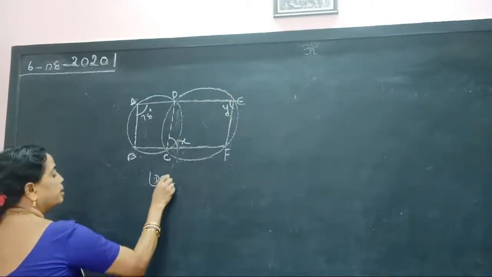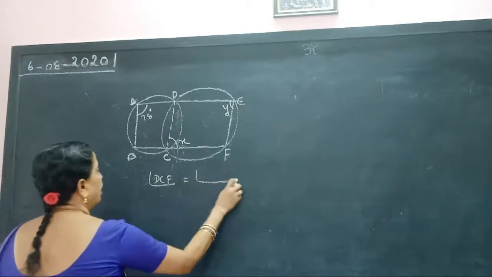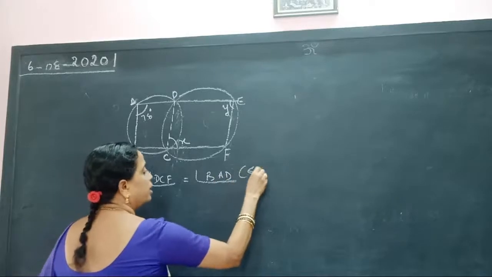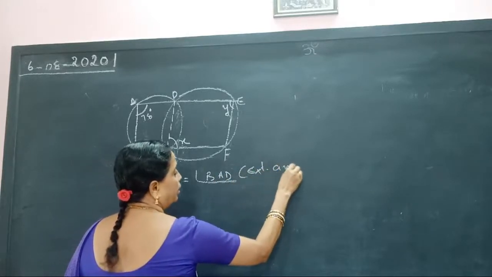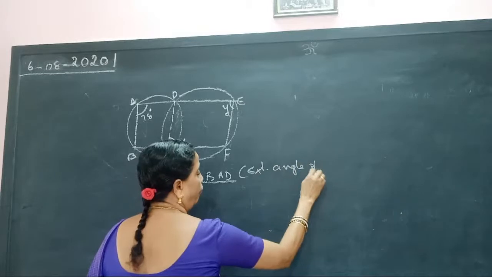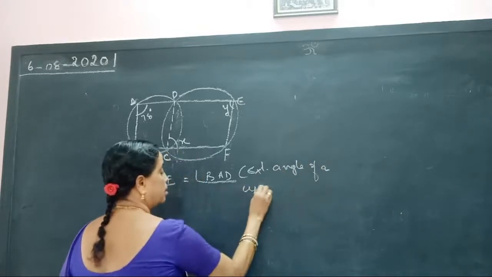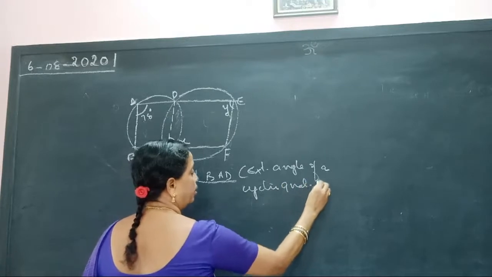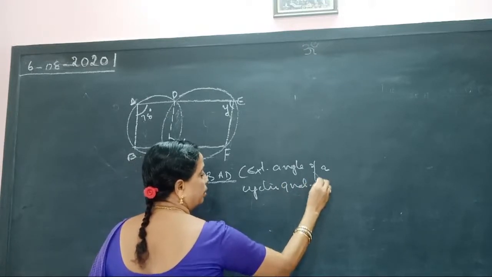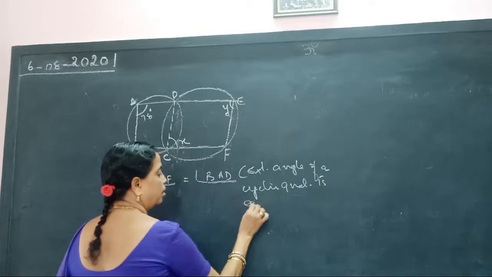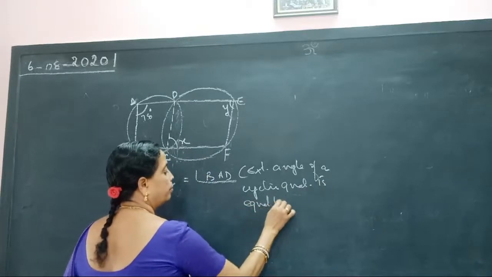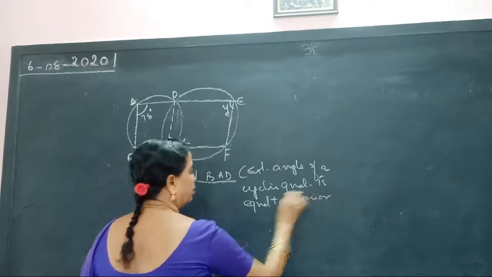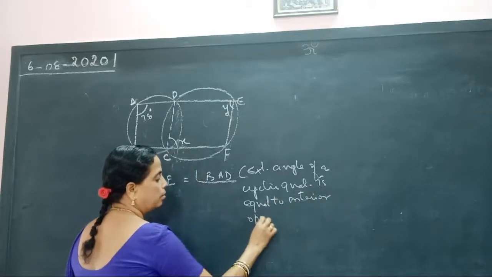Angle DCF equals angle BAD. Exterior angle of a cyclic quadrilateral is equal to the interior opposite angle.